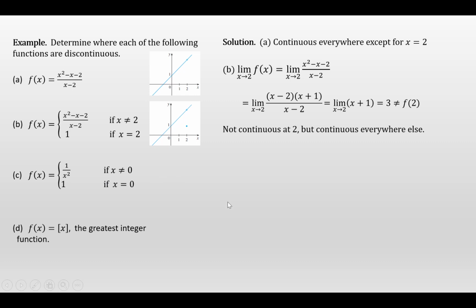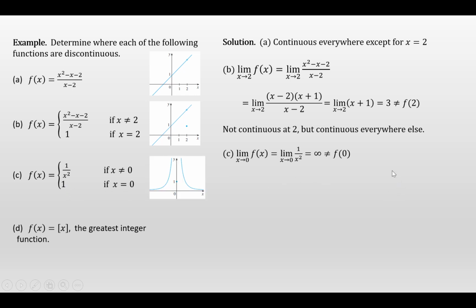When x approaches 0, basically we're looking at 1 over x squared. Well, x is very small when x goes to 0, so is x squared. So we have 1 over something that is really, really small. Therefore, the quotient becomes really, really big. So the limit becomes infinity. And that infinity cannot be equal to f(0), because f(0) is defined to be 1.